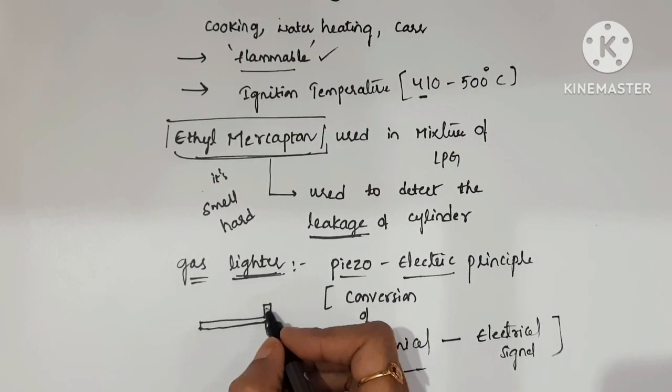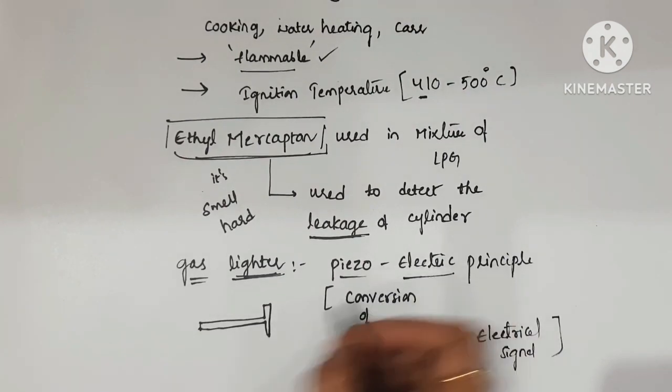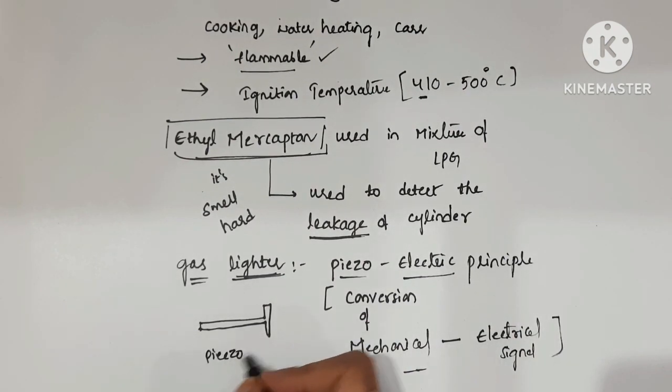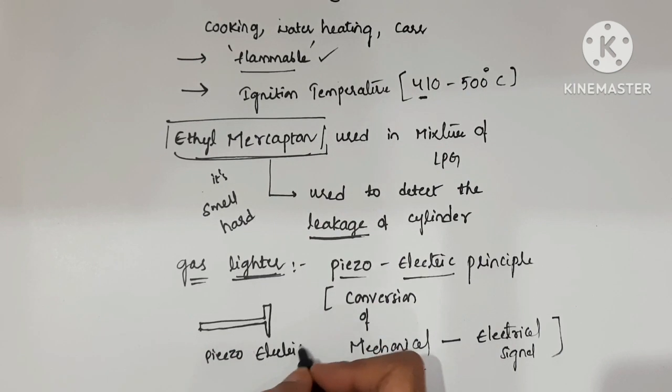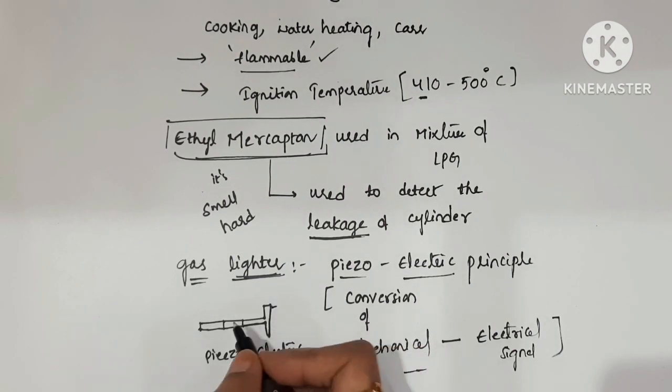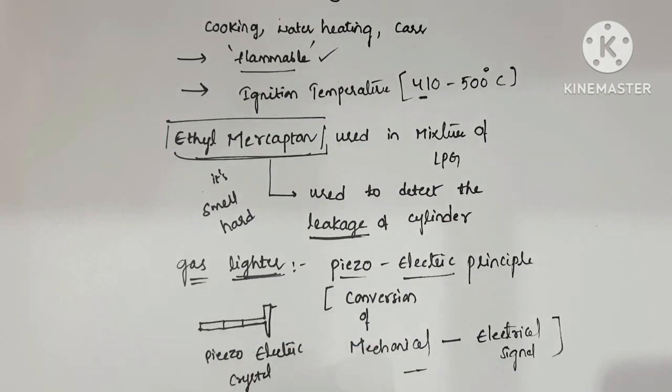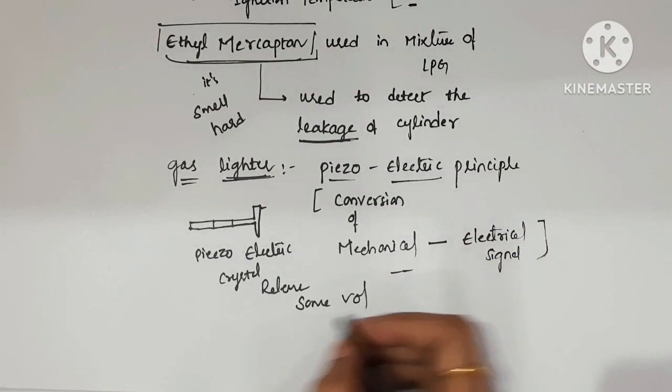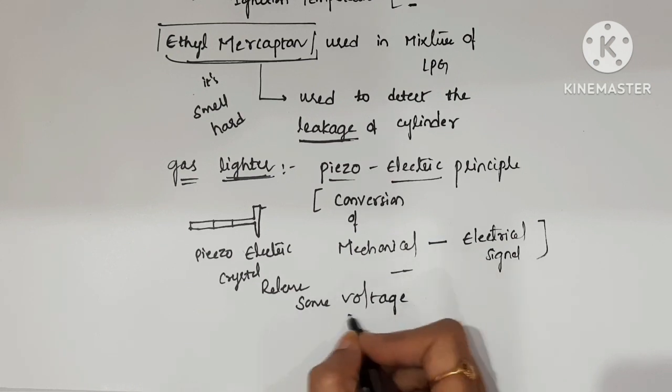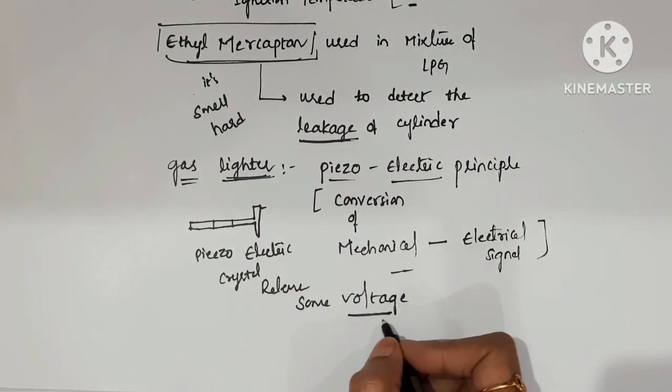Consider a lighter. In the lighter, a piezoelectric crystal is placed inside. When we press the lighter, this crystal releases some voltage, and this voltage is used to burn the gas in gas stoves.